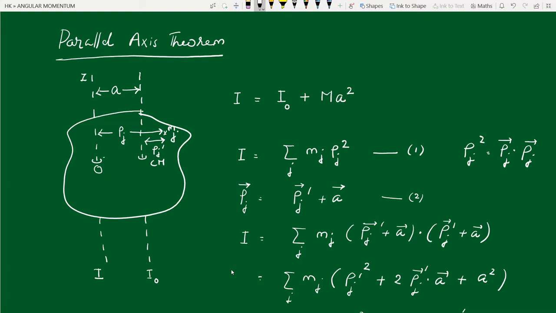Then what is the position vector of the center of mass? The position vector of the center of mass is nothing but the perpendicular vector from the origin, or we can say from the axis, to the center of mass.